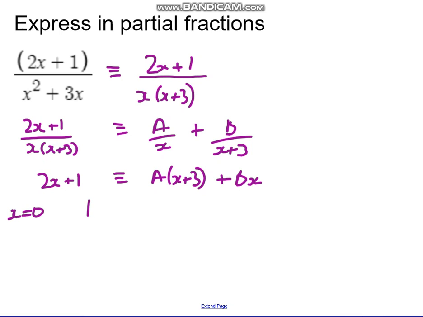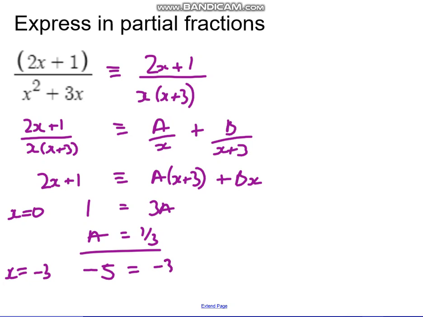This gives us 1 is equal to 3A, and so A must be equal to 1/3, and we're going to set x equal to -3, giving us 2 times -3 is -6 plus 1 is -5, is equal to, that will disappear, -5 is equal to -3B, and so B must be equal to 5/3.